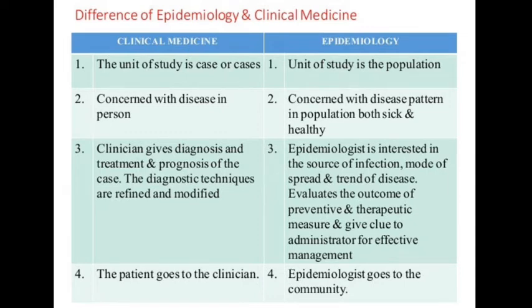One more topic, that is clinical medicine, is often misunderstood with epidemiology. Here are some differences between clinical medicine and epidemiology. The first one is, in clinical medicine the unit of study is a case, whereas in epidemiology the unit of study is the population.